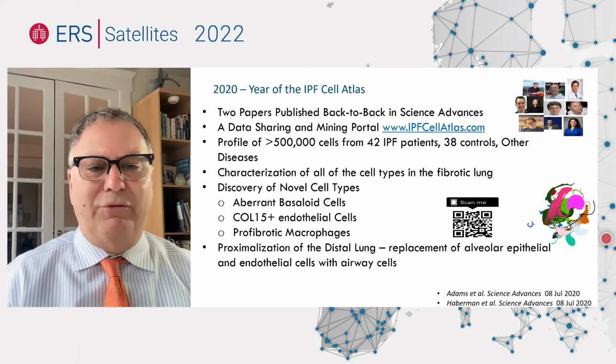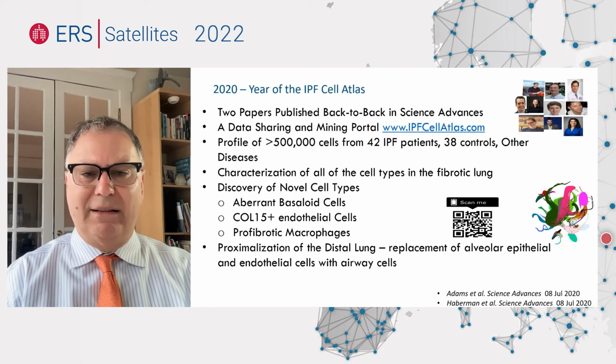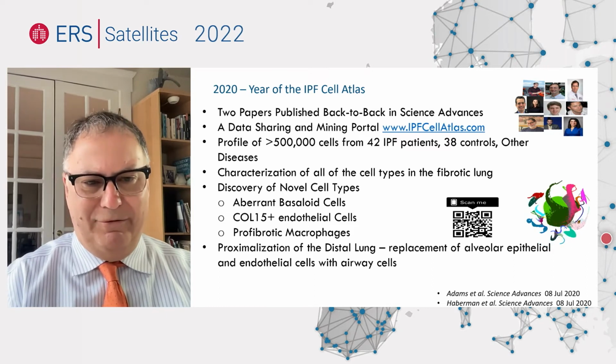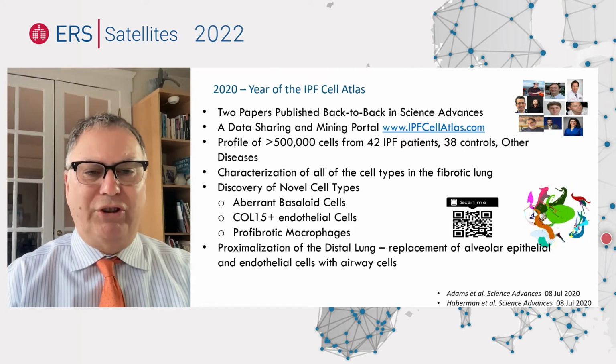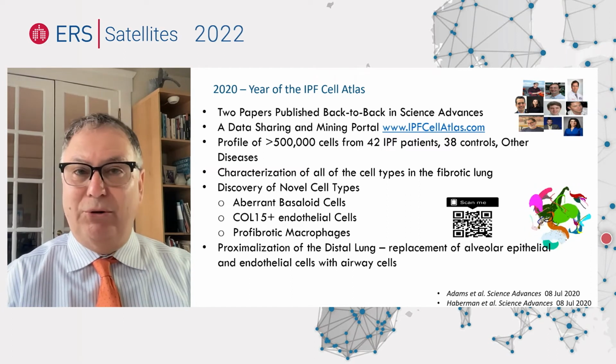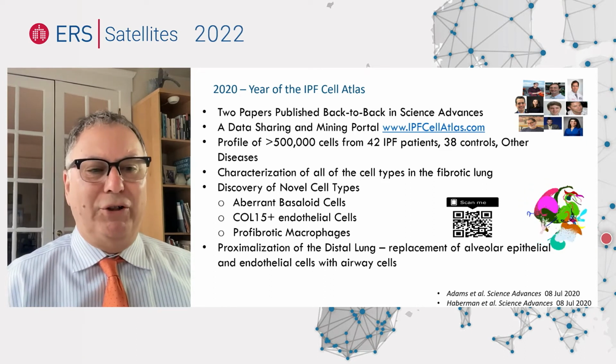My team and others have used novel new technologies that allow us to basically profile every single cell in the IPF lung. So we can test all the genes in every single cell. This is exciting because to treat something, you need to know what's wrong with the organ or what's wrong with the patient.